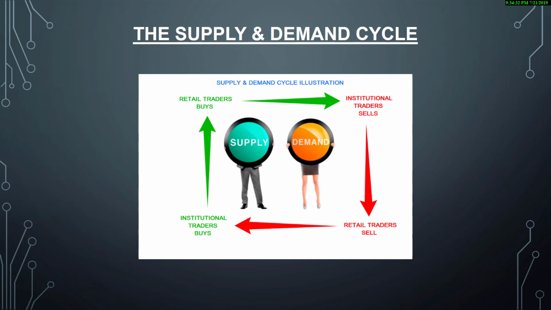Now, before we go into the continuation and reversal patterns, firstly I would like to illustrate when to buy at a demand zone and when do you sell at a supply zone.